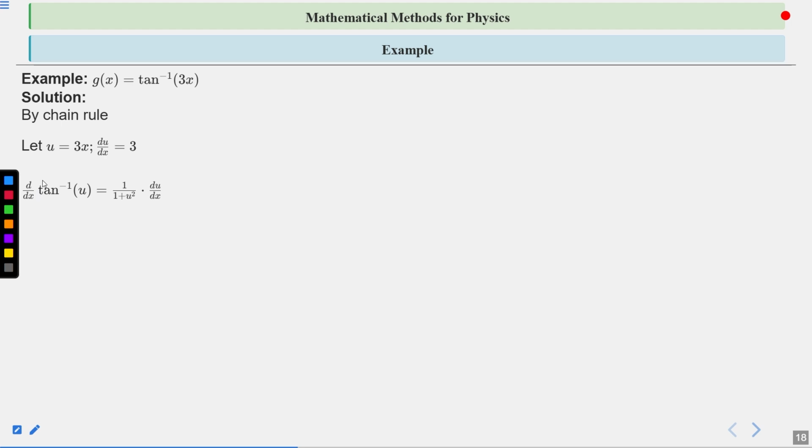The derivative of tan inverse u is, we know, 1 upon 1 plus u square, and times du upon dx. So we know du upon dx is 3. So now substitute here du upon dx. So you will get g prime of x is equal to 1 divided by 1 plus 3x whole square into 3, which is equal to 3 divided by 1 plus 9x square.